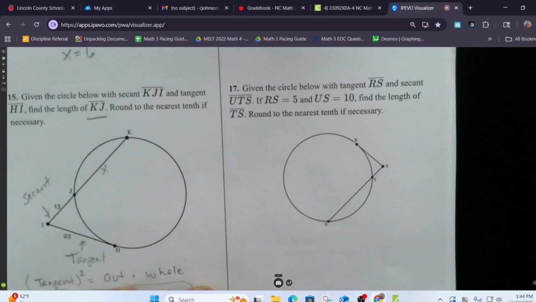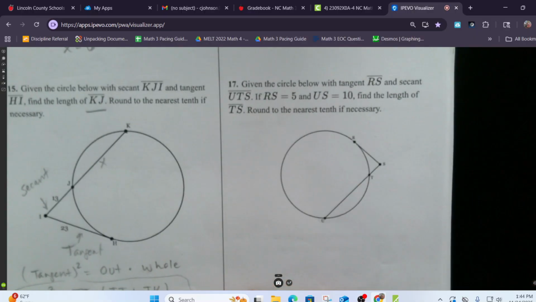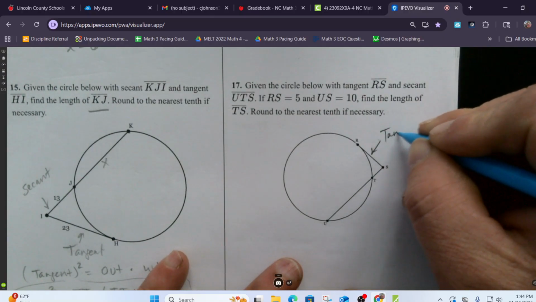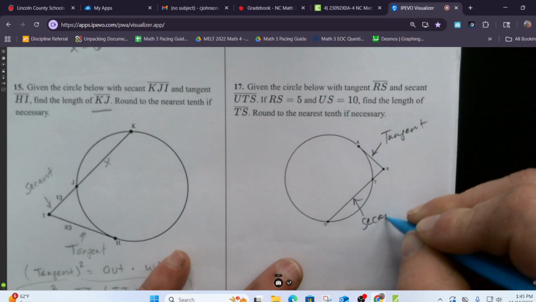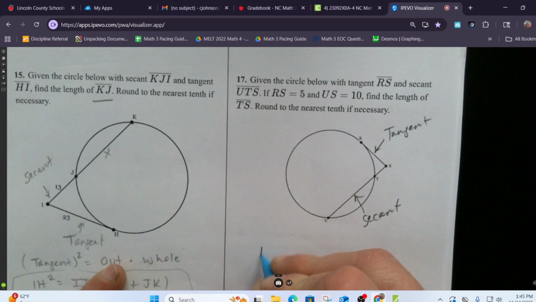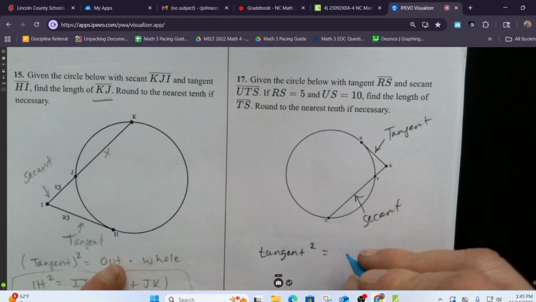Okay, so with this next problem, you have a tangent line and a secant line. So with that line combination, it's going to be tangent squared equals.